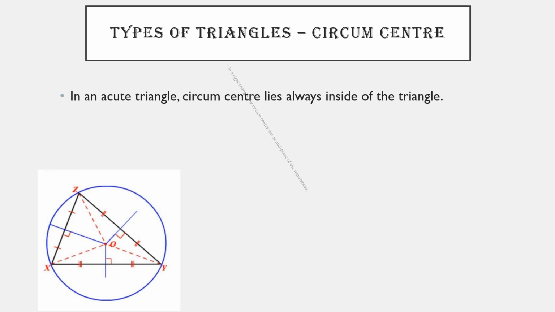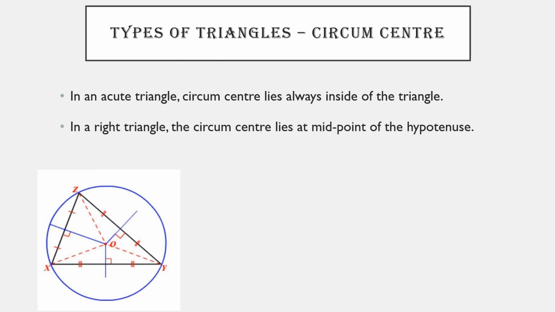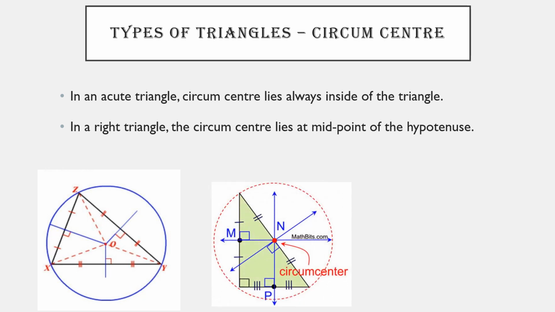In the same way, if you take a right angle triangle, then the circumcenter coincides with the midpoint of the hypotenuse, the most important bit. In a right angle triangle, the circumcenter coincides with the midpoint of the hypotenuse. You can notice the picture.